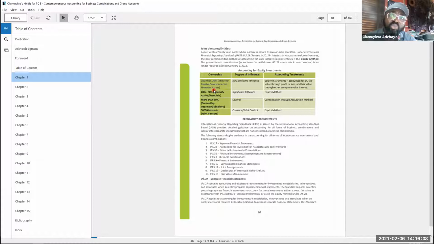But as we move on, we'll transit from business combination, which more or less ends at the point of acquisition, towards preparing consolidated financial statements. And we'll also evaluate as time goes on, is it in all instances that a business combination will require or result in the preparation and presentation of group accounts? At what point do we prepare group accounts? At what point do we need not prepare group accounts? What is the rationale behind it? All of these are what we are going to demystify in the course of this discussion.